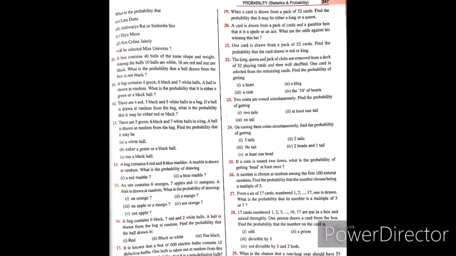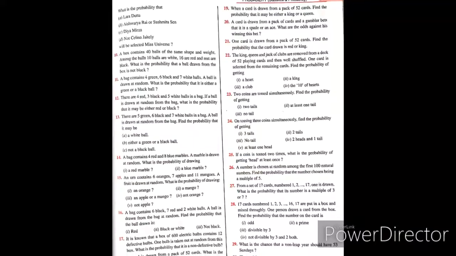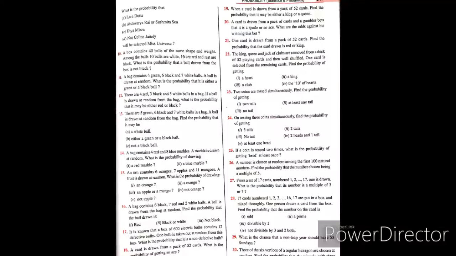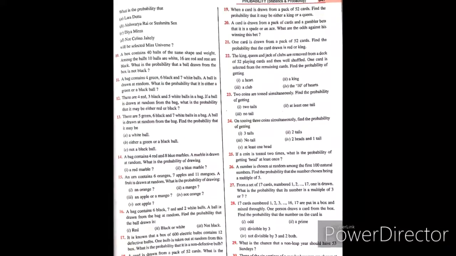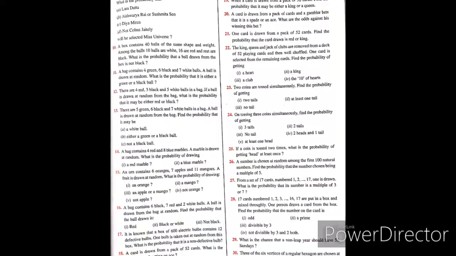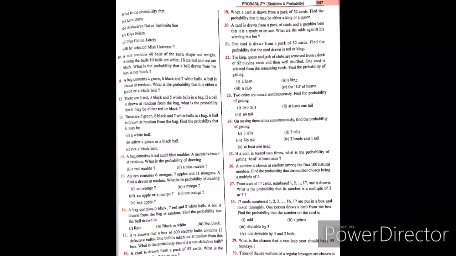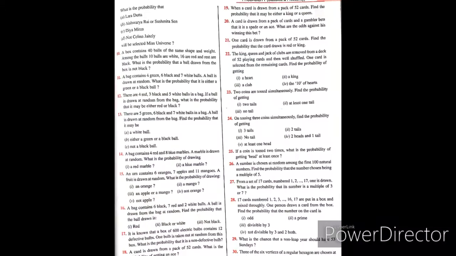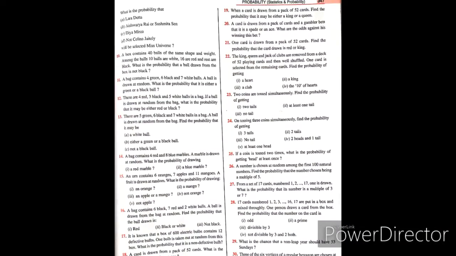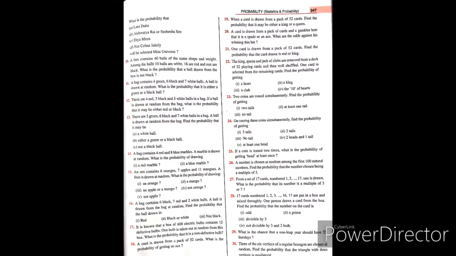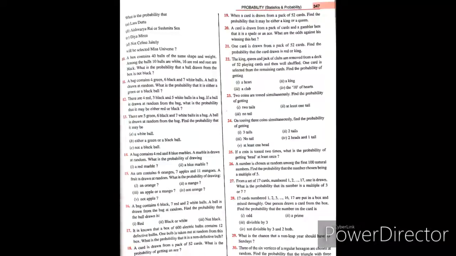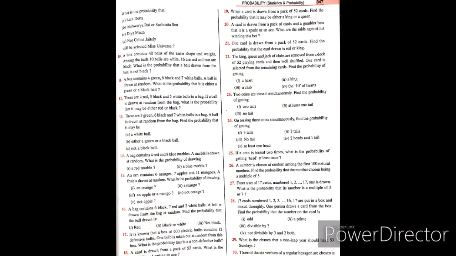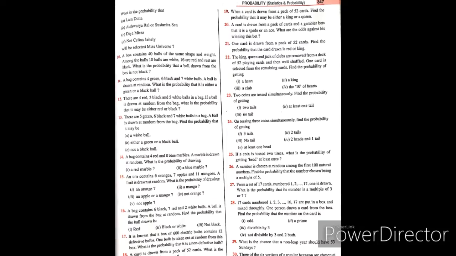Same formula: probability of A or B is equal to probability of A plus probability of B minus probability of A and B. Probability of spade: number of spades is 13, so 13 by 52, that is 1 by 4. Number of aces is 4, so 4 by 52, 1 by 13. So both we have to add for getting the probability of spade or an ace.